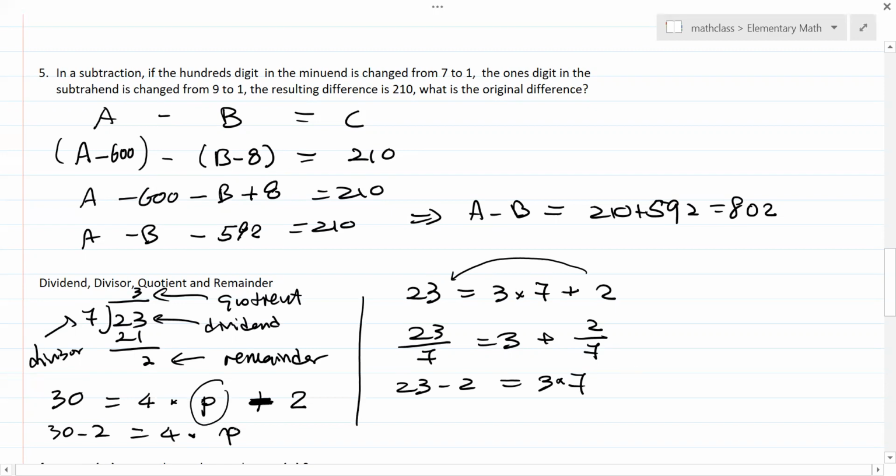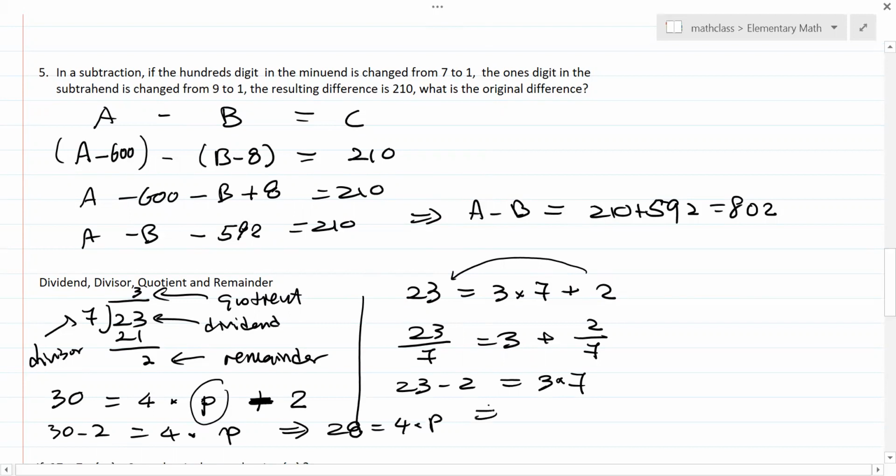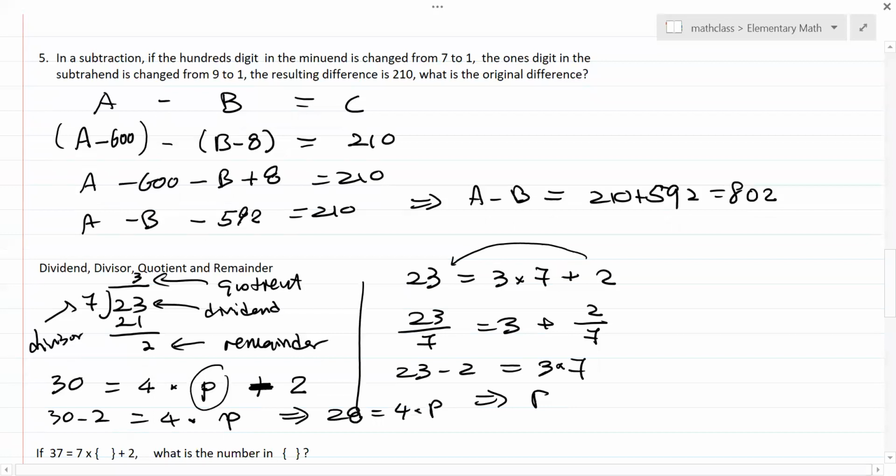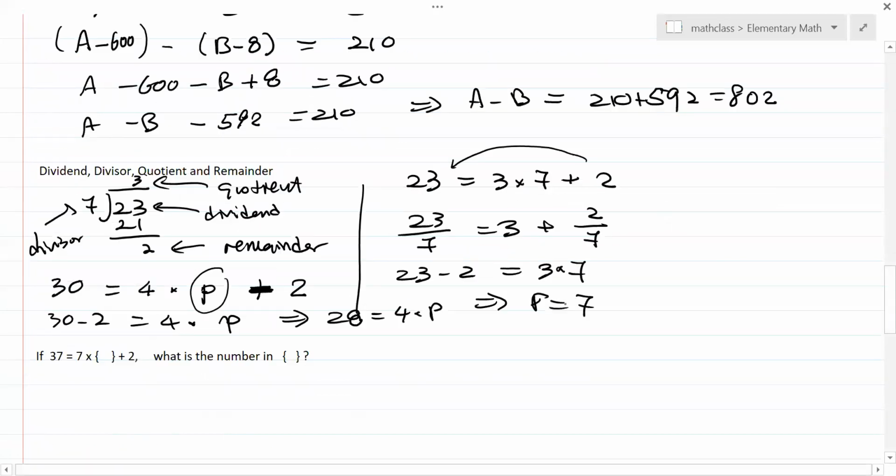So 30 minus 2 is 28, and 28 is 4 times some number. What is that number? 7. That's how we solve the problem.